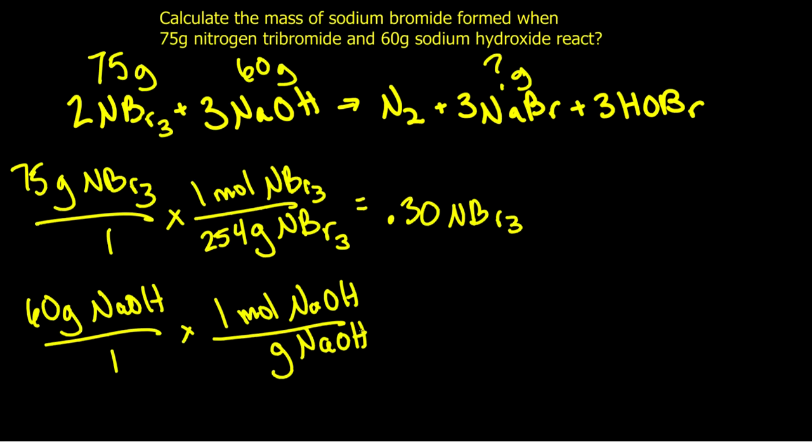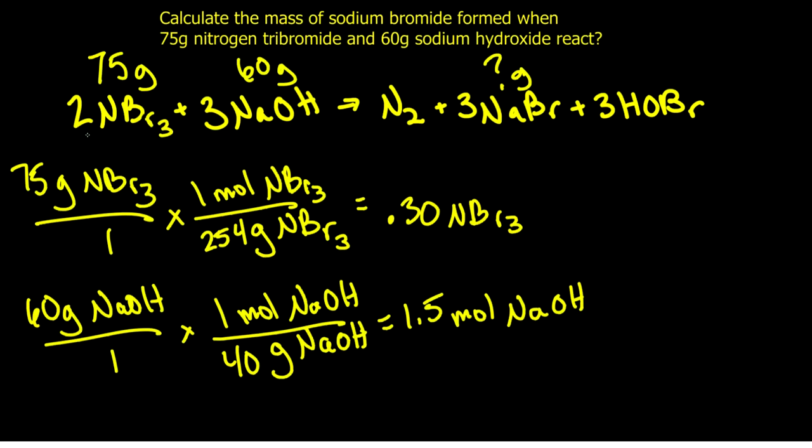Altogether, that makes 40. 40 grams for a mole. So 60 times 1 divided by 40, we got 1.5 moles of sodium hydroxide. All right, so we got 0.3 moles of nitrogen tribromide, 1.5 moles of sodium hydroxide.